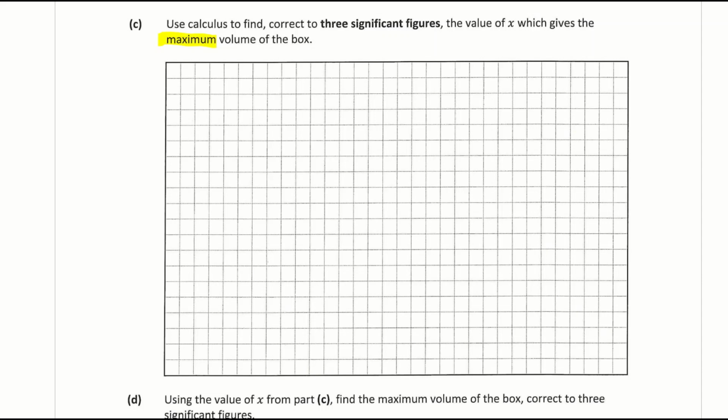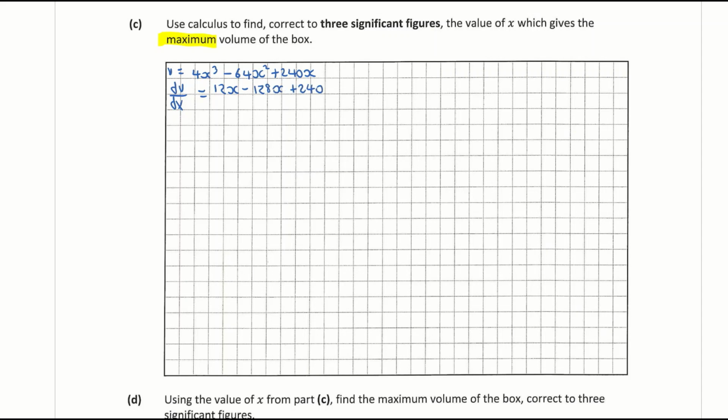So the volume of our box is 4x cubed minus 64x squared plus 240x, and I'm going to differentiate that, so dV/dx is equal to 12x squared minus 128x plus 240.